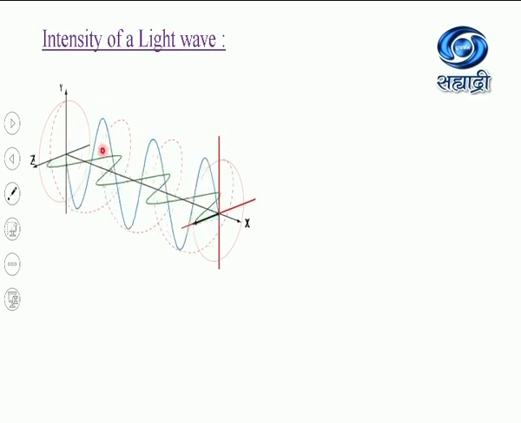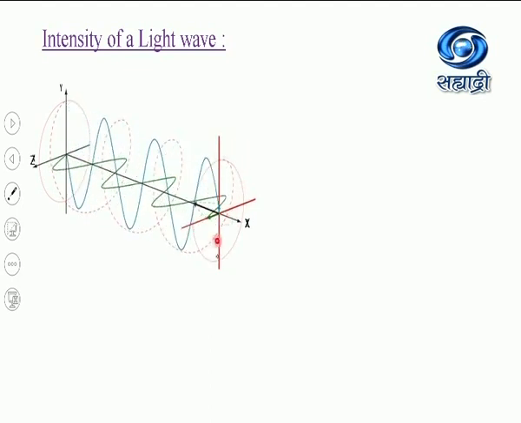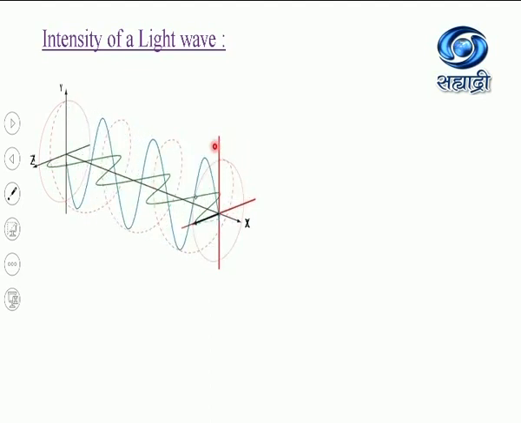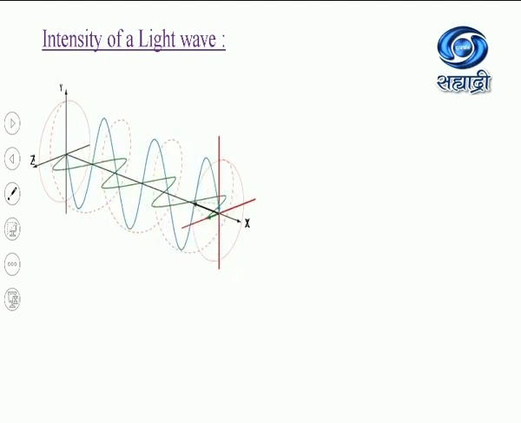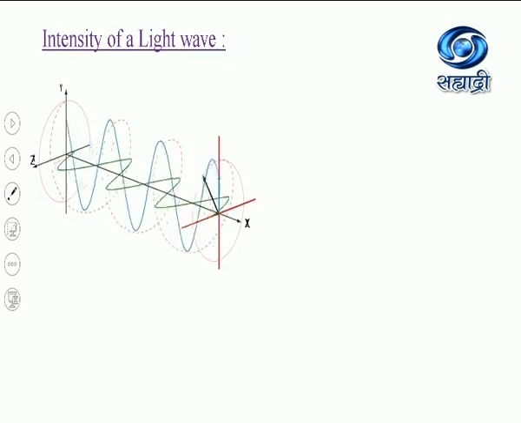The light wave is propagating along the x-axis and the electric field is oscillating in all directions in the YZ plane, and the corresponding magnetic field is perpendicular to that electric field. Now such a wave where the electric field vibrates in all directions in a given plane which is perpendicular to the direction of propagation of the wave is called an unpolarized light wave.